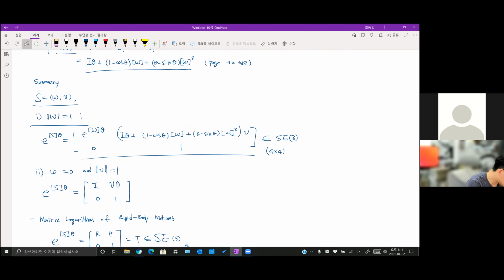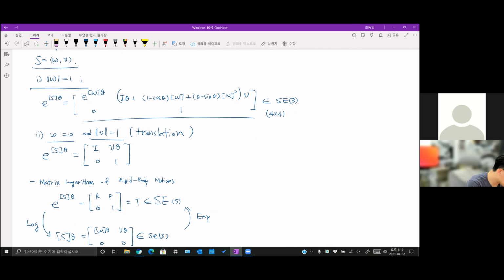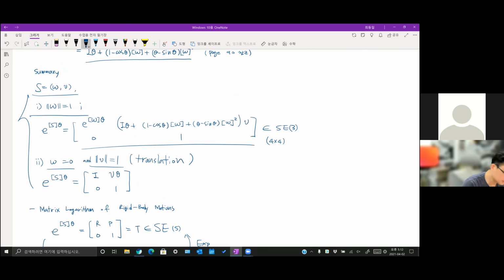And in the case where omega equals 0 and the size of V equals 1, it means pure translation. There is the identity matrix here, and V theta is the position vector. So we can check these two cases.